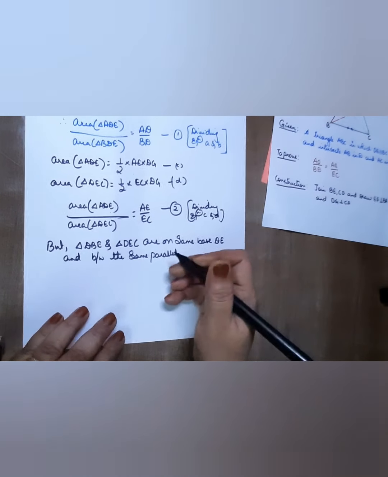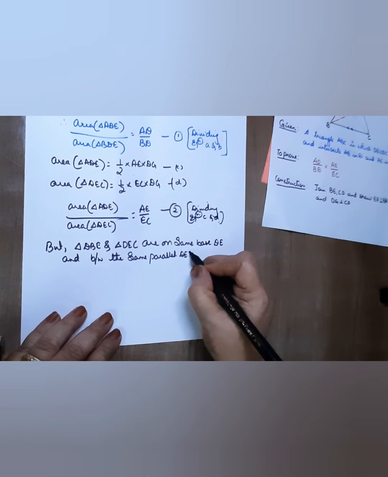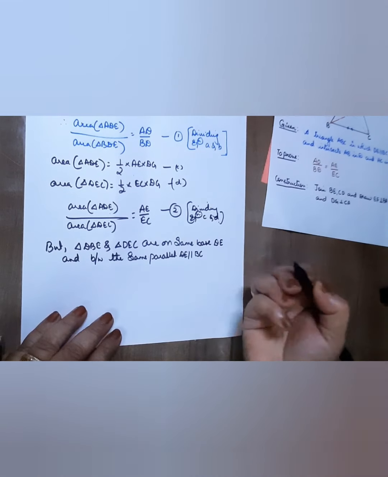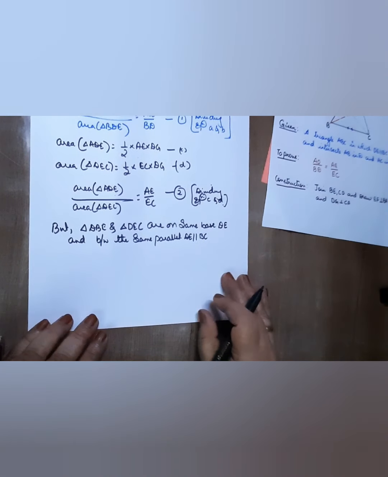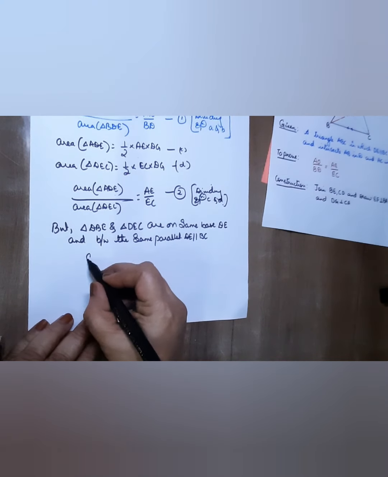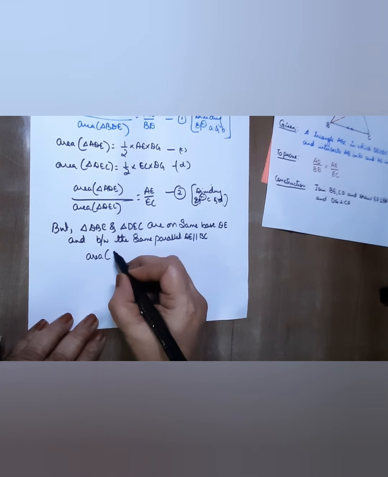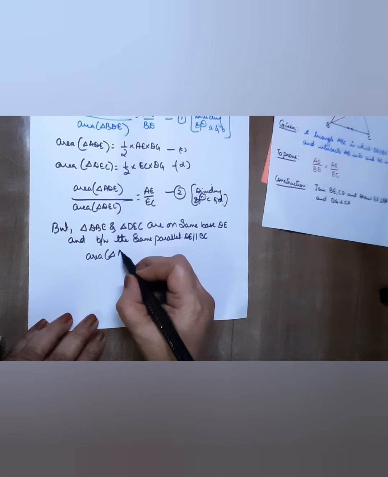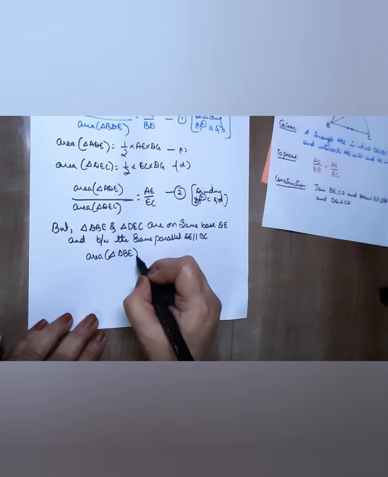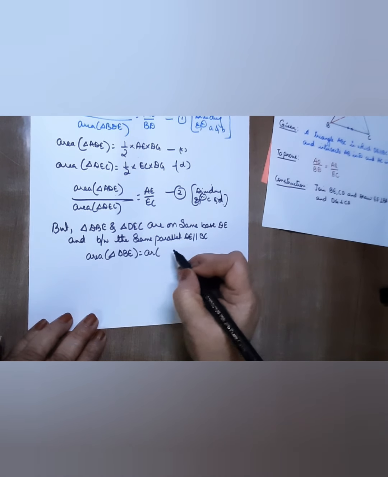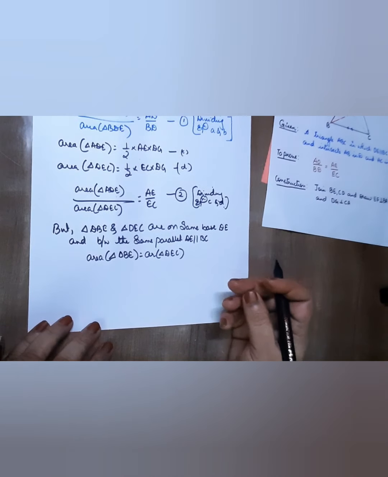What are the parallels? Given here, DE is parallel to BC, which is how we started with the BPT. Then area of triangle DBE is equal to area of triangle DEC. We learned this in 9th standard.